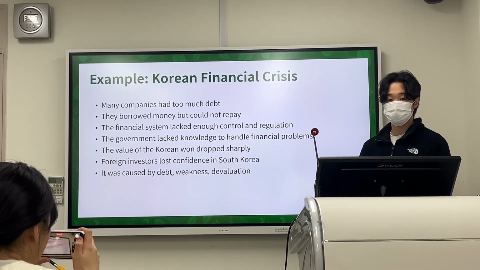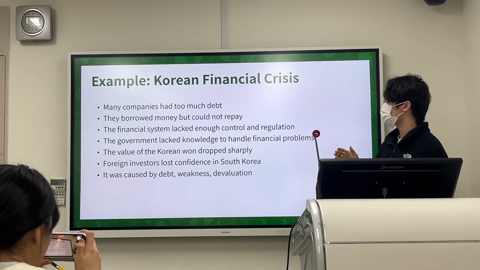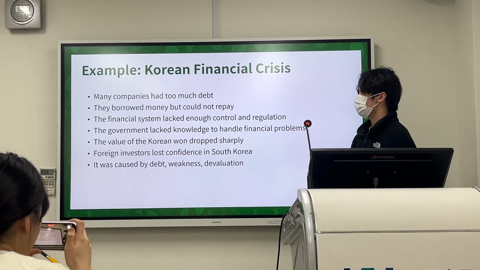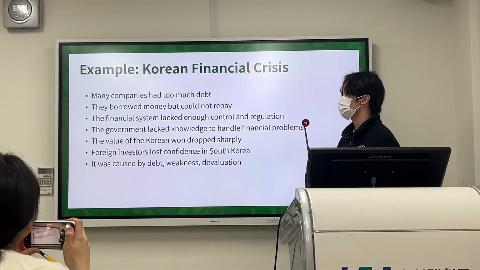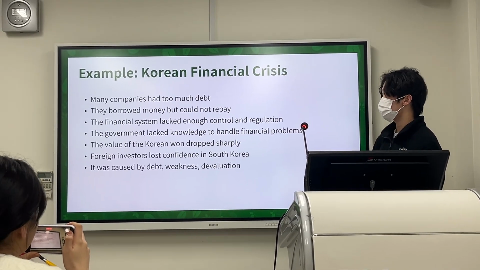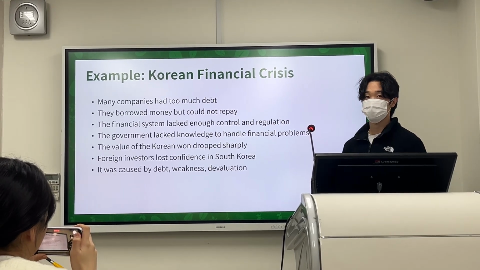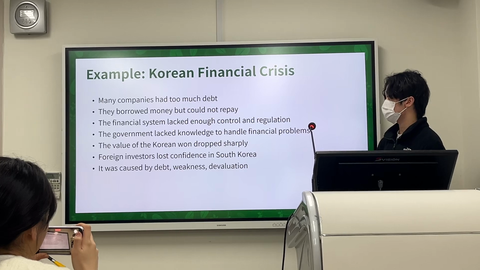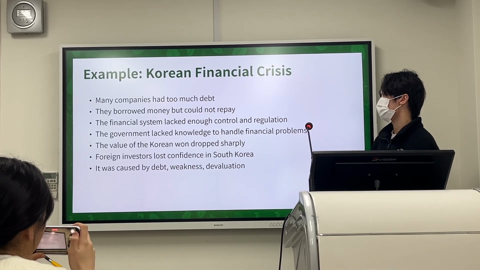To know more about IMF, we have to know the Korean financial crisis that occurred in 1997. There are many key causes. First, many companies had too much debt and they borrowed money but couldn't repay. Even though Samsung and LG earn a lot of money these days, at that time, they didn't repay the borrowed money.